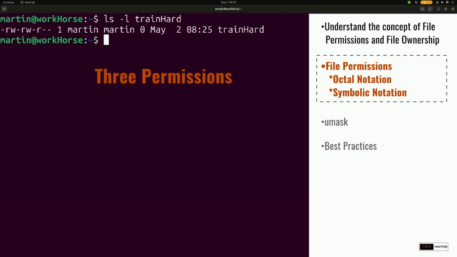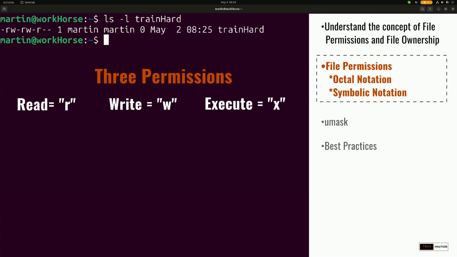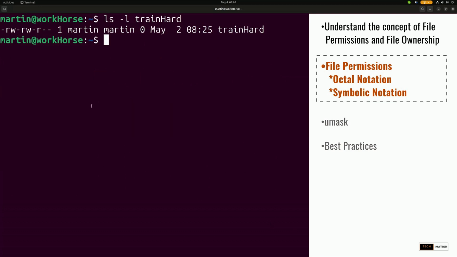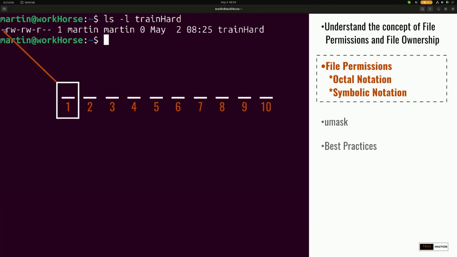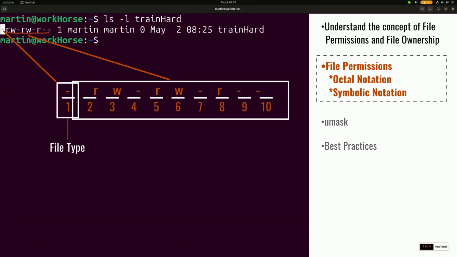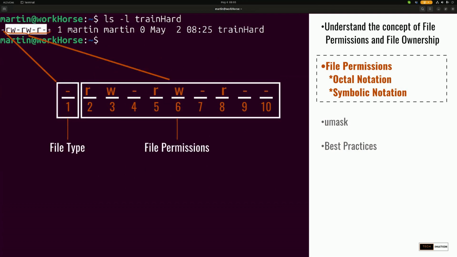They are read, which is symbolized by the letter R. Write, which is symbolized by the letter W, and execute, which is symbolized by the letter X. Okay? So you count 10 dashes here. The first one is the type of file it is, and the rest are the permissions on that file.